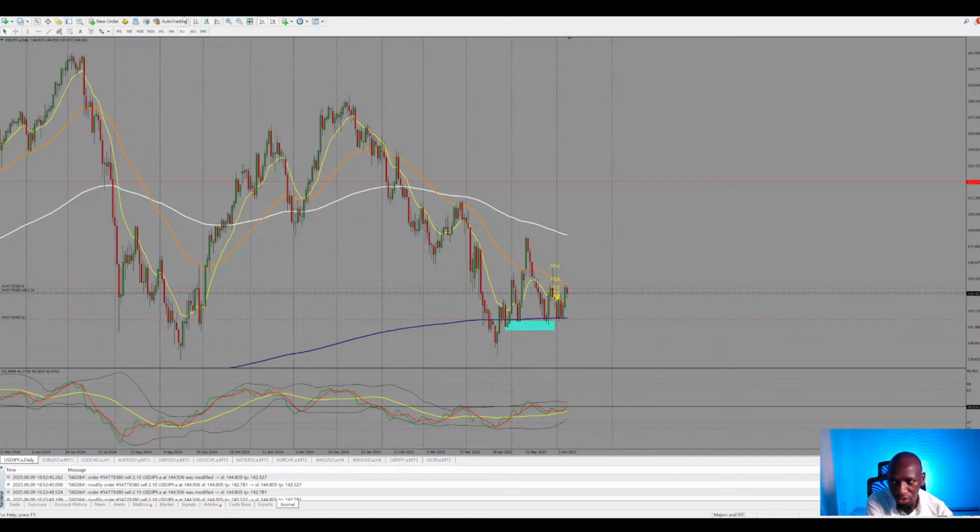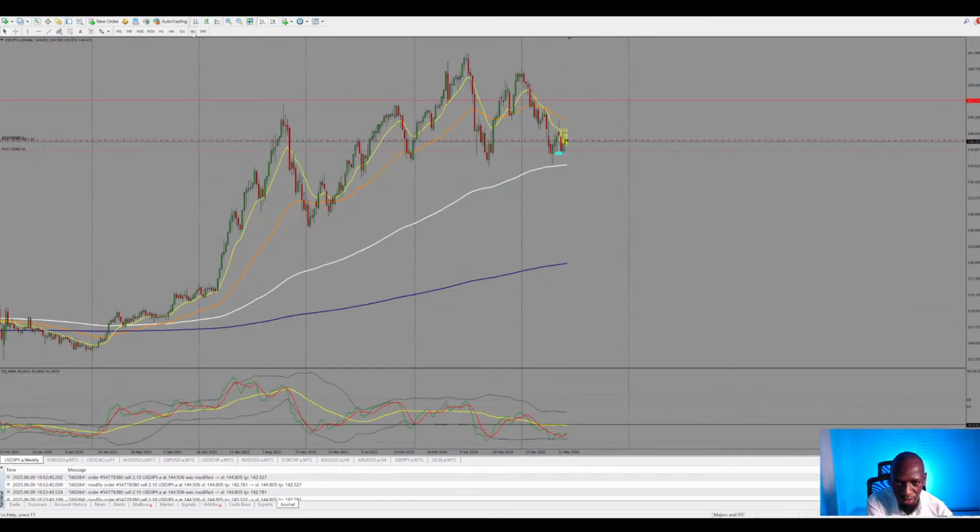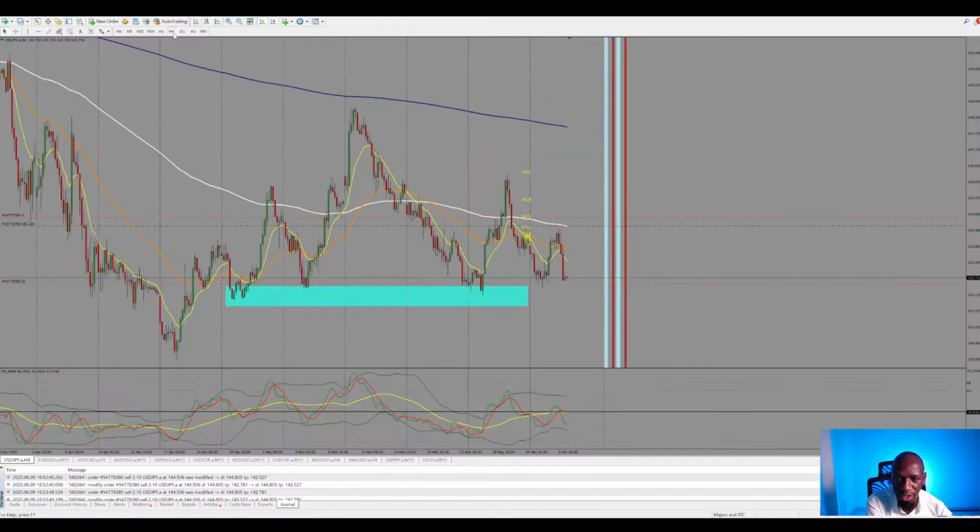So far, if I could recap, we have a buy signal from both the weekly and the daily chart.